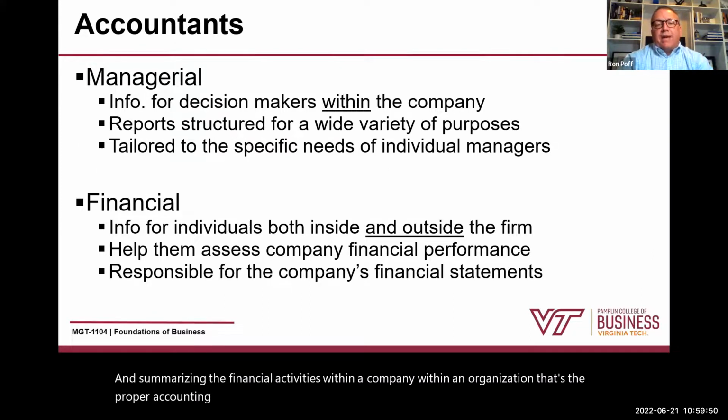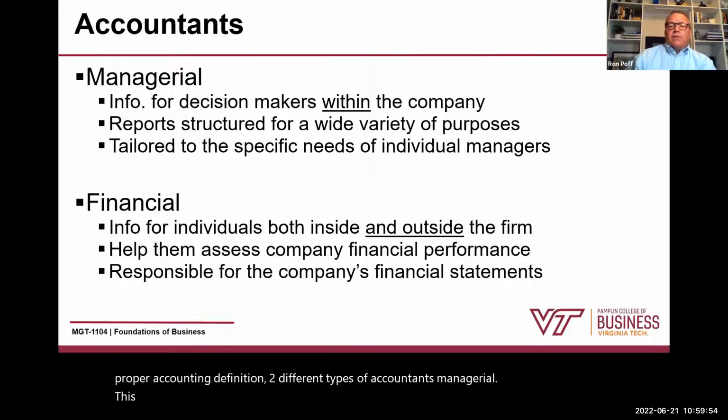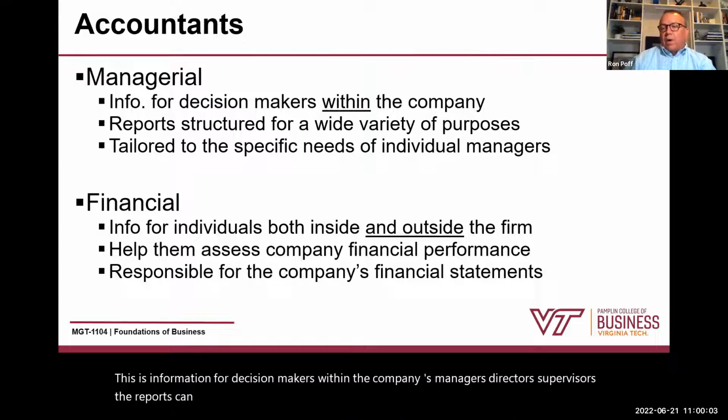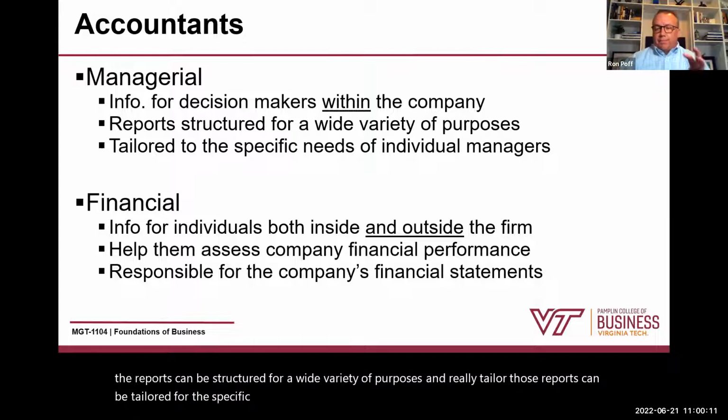Two different types of accountants. Managerial, this is information for decision makers within the company: managers, directors, supervisors. The reports can be structured for a wide variety of purposes and really tailored for the specific needs of individual managers.